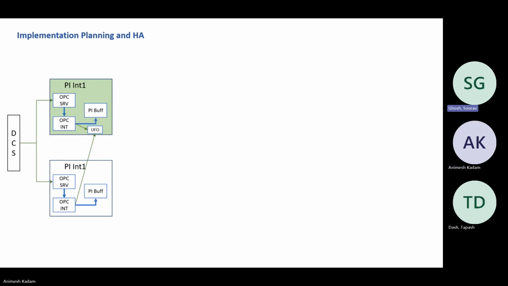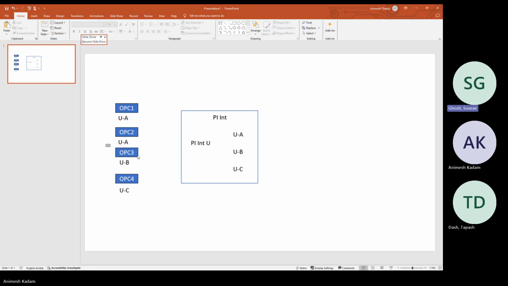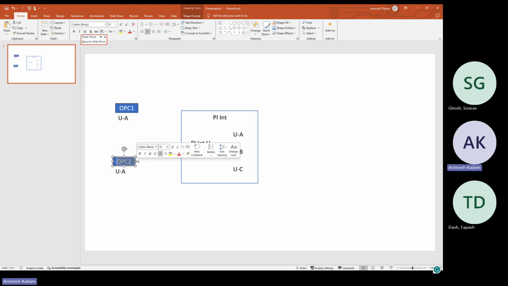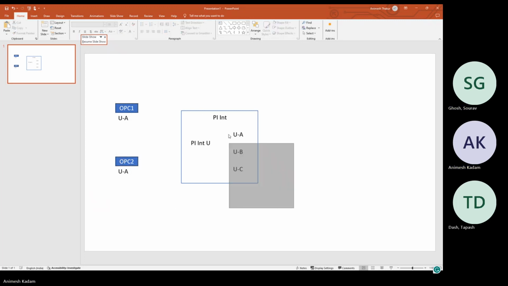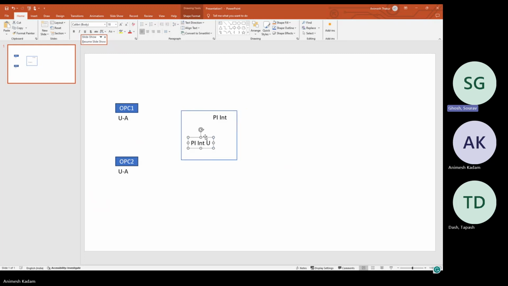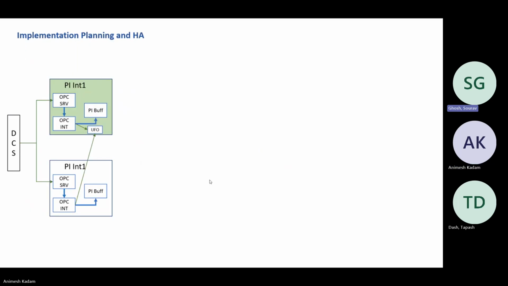We create the same instance on OPC server 1 and the same instance on OPC server 2, so that in case of any failure, the other one will come up. Right, so that is the second type of failover, which is what I'm about to explain. I explained the interface level failover now, right? Yes. If you go to the previous slide, in that case which you are explaining, both the OPC servers have to be the same.